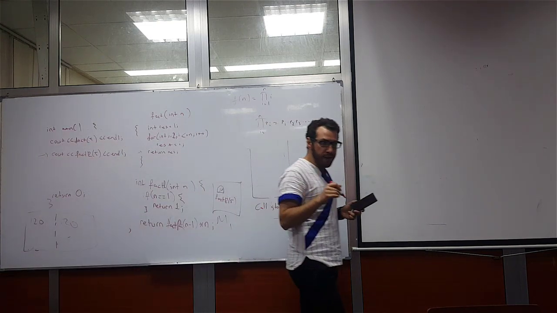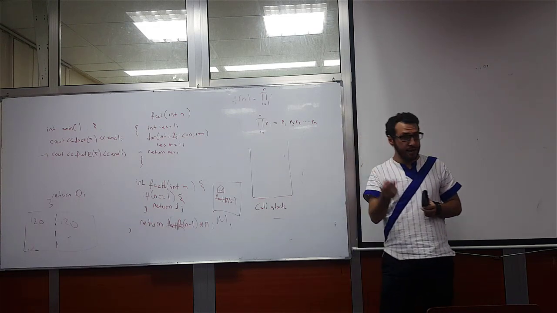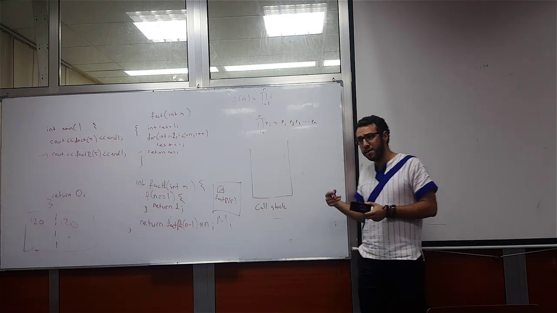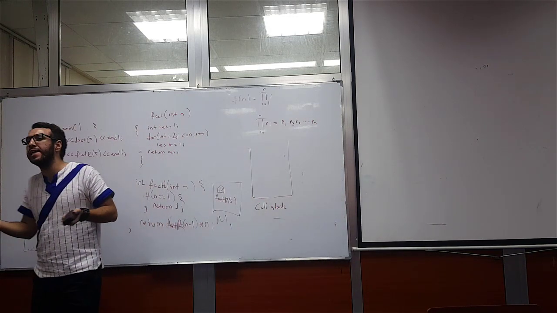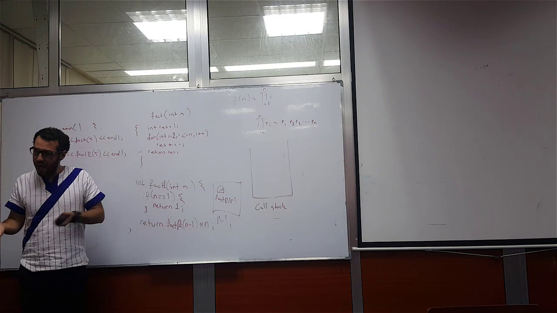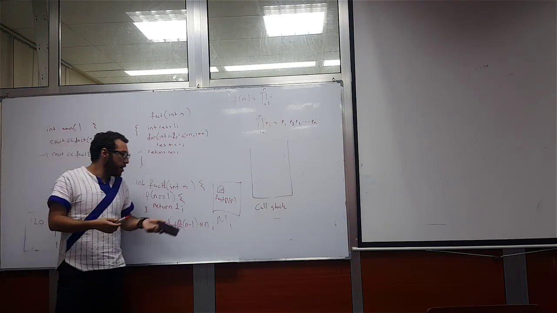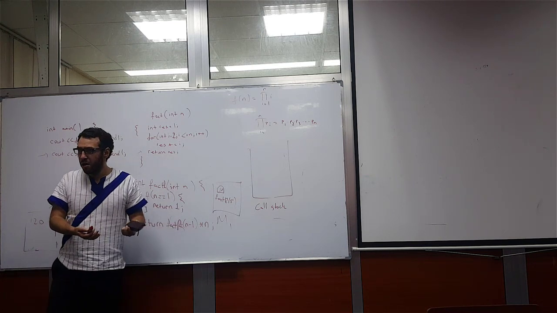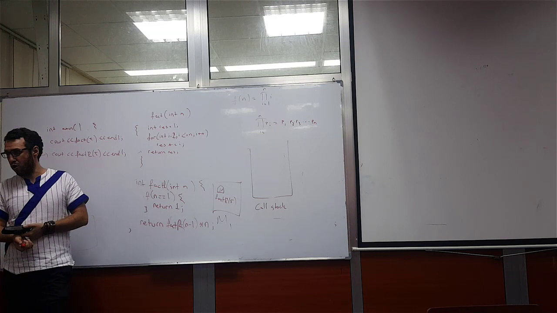So keep in mind that the recursive version is not going to be as efficient as the iterative version. But for many problems, a recursive solution can be way cleaner than the iterative solution. So sometimes, for the sake of readability or ease of implementation, you might choose recursion over the iterative version of the code.